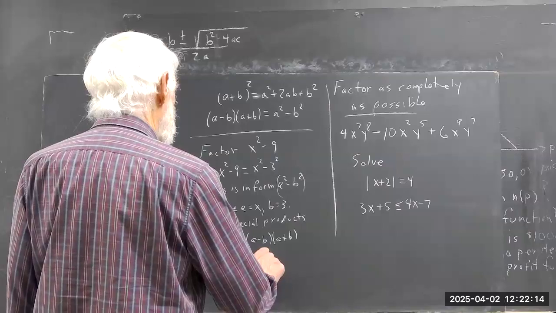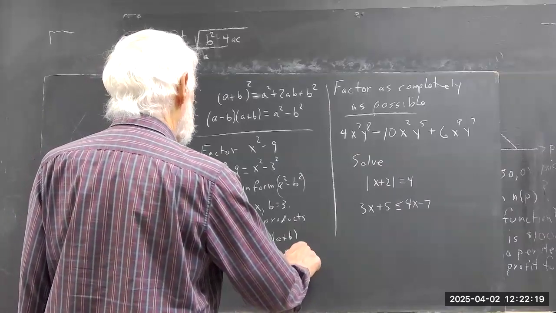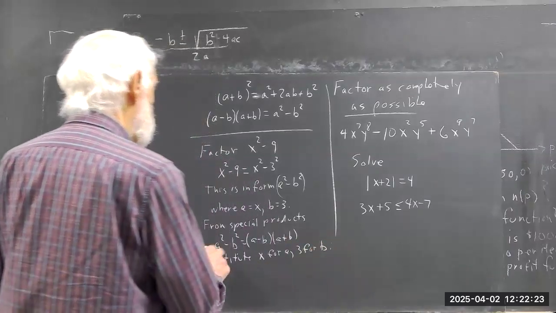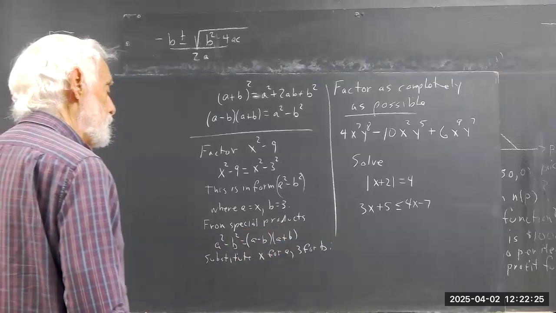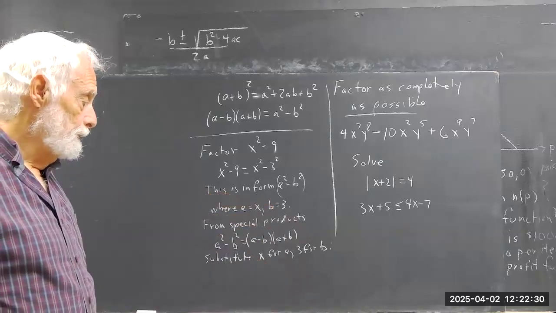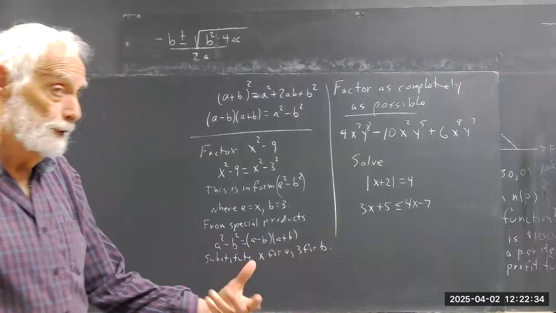Substitute x for a, 3 for b, and write this out. We'll do that. Here's the expression. Replace a by x, replace b by 3, and see what you get.